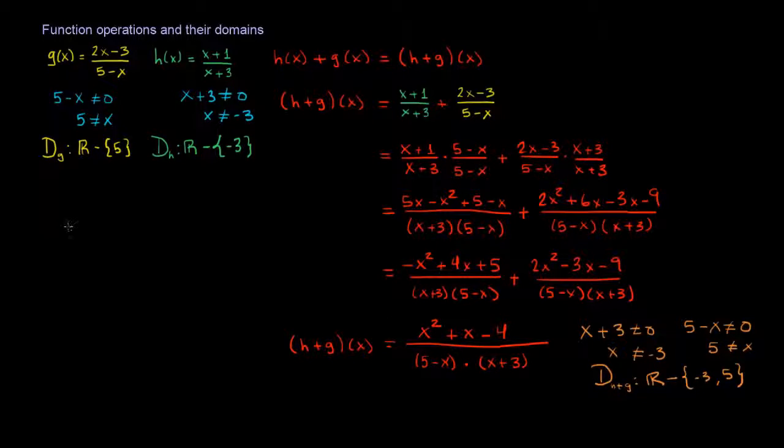I'm going to write it in here in the middle. The final domain will be all the real numbers except for negative 3 and 5. This would be the domain of the solution, and here we go. This would be the actual final expression, the algebraic expression.